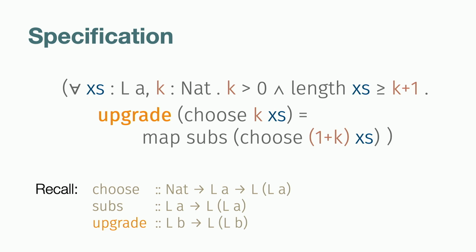We should be able to calculate it by what? Okay, by induction, basically. The function choose has 3 cases, so you should be able to expand the 3 cases and do some transformation, trying to find out what upgrade should be to allow you to go from the left-hand side of the equality to the right-hand side. Then you should be able to construct this function upgrade.